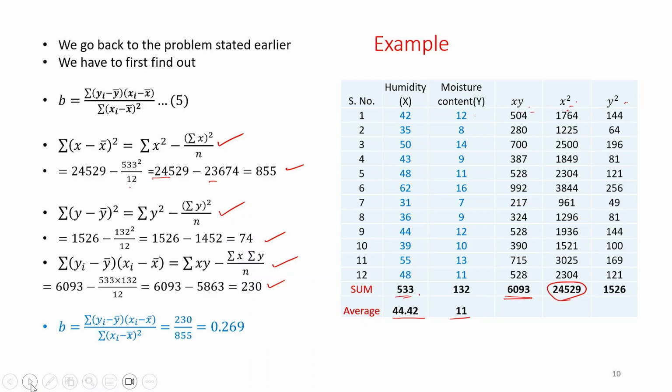So now I can find my value of b. To know the value of b, I had to find these figures, and we get a value which is 0.269. That is the value of b. And now we need to know the value of a.